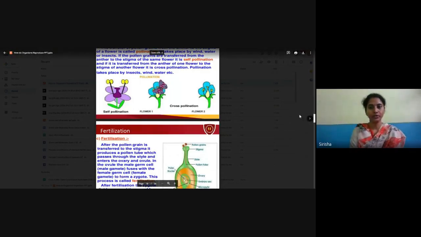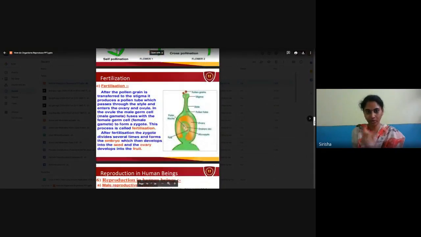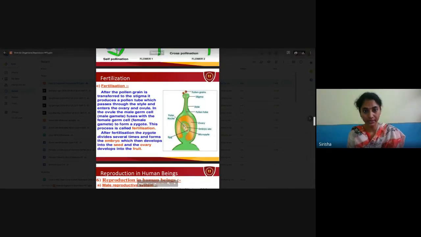Next is fertilization. After the pollen grains are transferred to the stigma, where they stay, it produces a pollen tube which passes through the style and enters the ovary. This is the stigma, and it leads to the pollen tube, and then finally to the ovary and ovule.